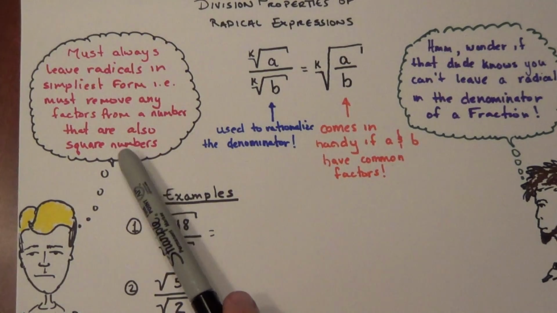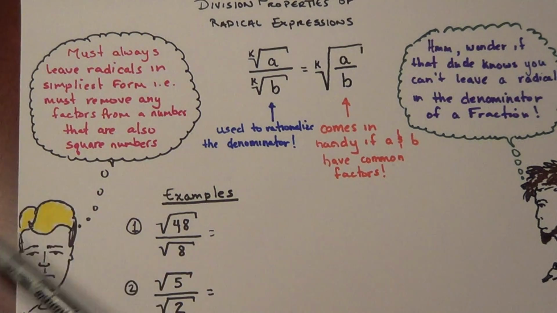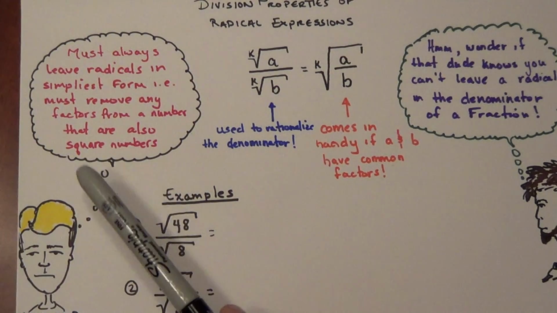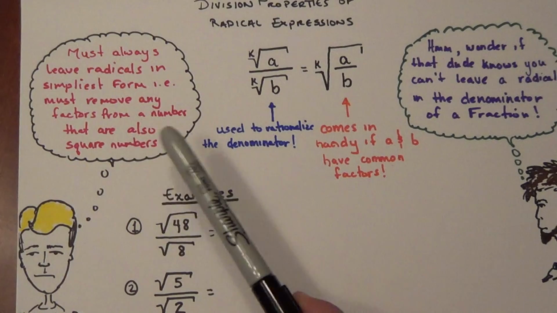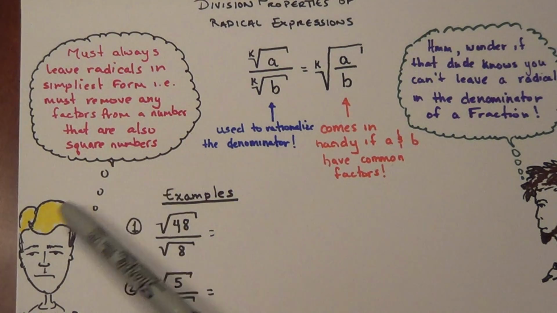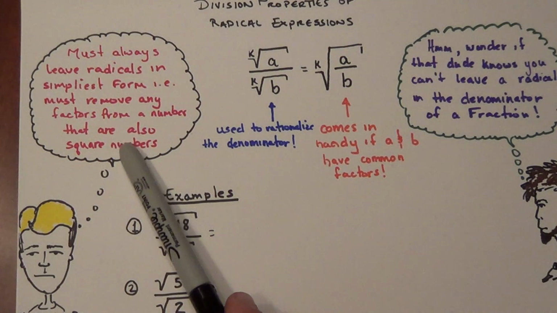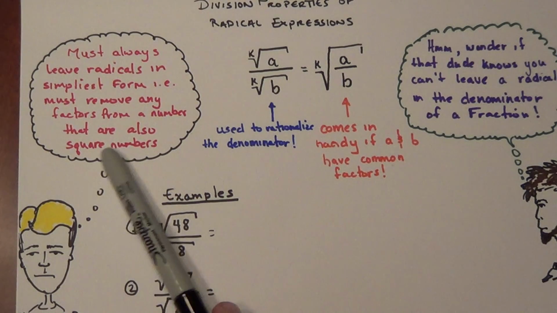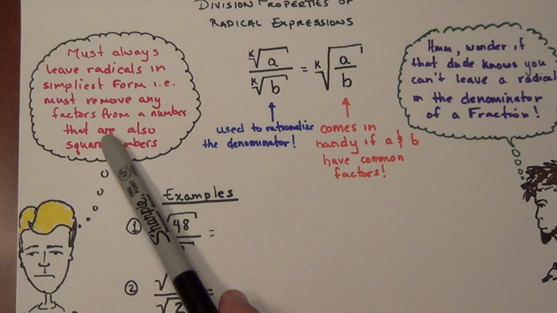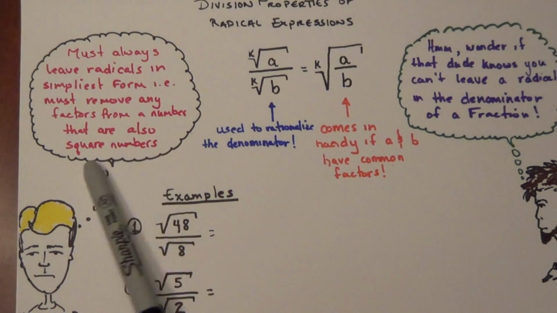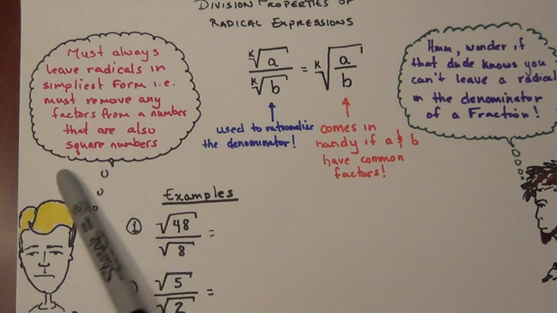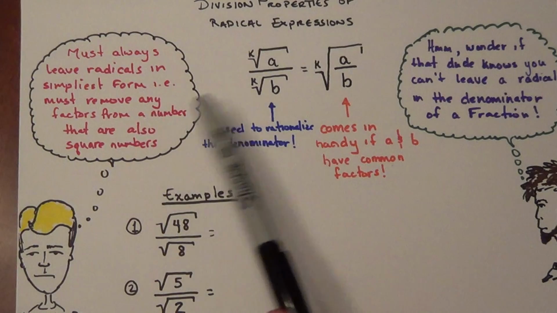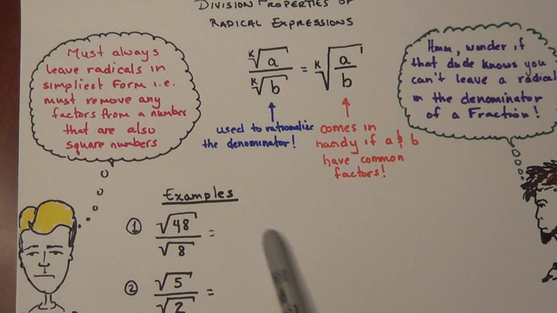So, if you have a number or a term that has any squared value, you must remove it. That's if we're talking about squares. If it's a cube root, then you must remove cubic numbers. If it's a fourth root, then you must remove quartic numbers, essentially. So cubic numbers, quartic numbers, whatever it is, you must remove those based on the power of the root.